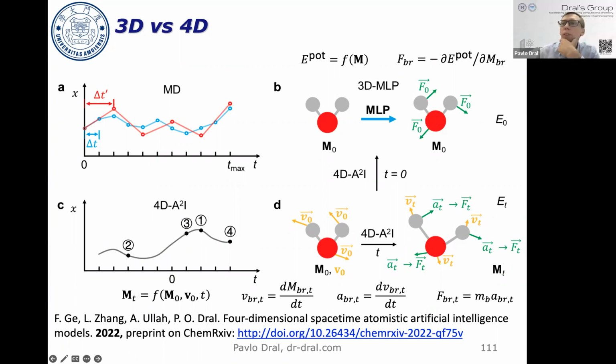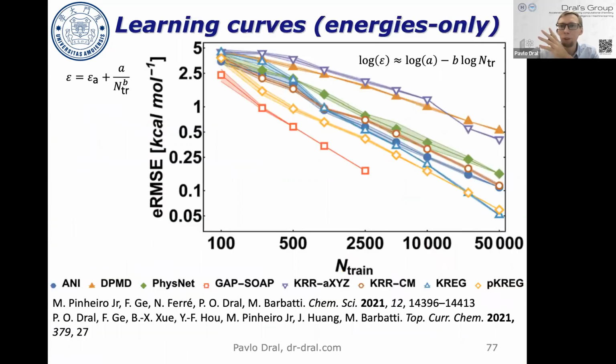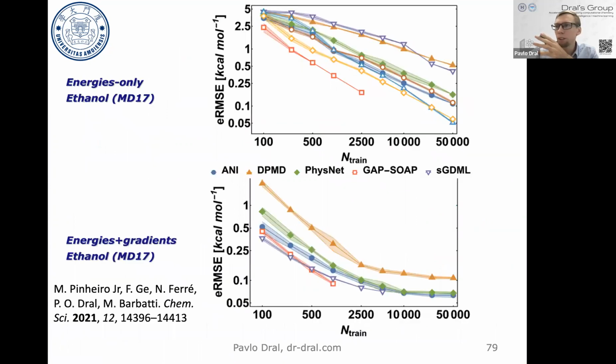Yes, because 500,000 and 5 million is a difference of 10, but you also don't have forces. Forces give you an enormous amount of information. For this complicated stuff, I probably don't even need to show it, but you know that after you include forces, well, gradients, your errors drop immediately in machine learning potentials.